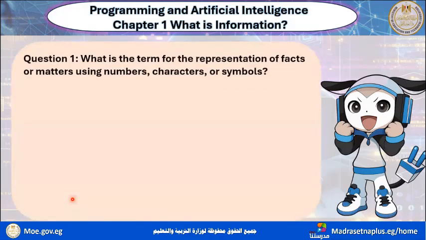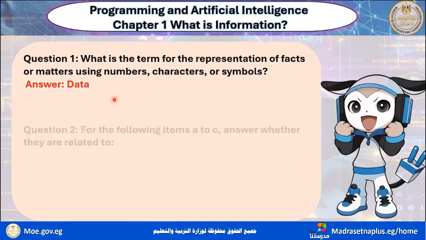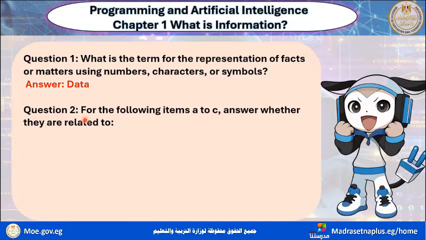Question after that, what is the term for the representation of facts or matters using numbers, characters, or symbols? Well, it's data, of course. Question 2. For the following items A to C, answer whether they are related to data, information, or knowledge.